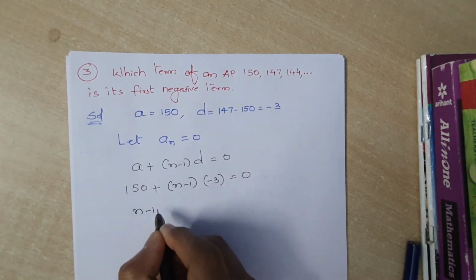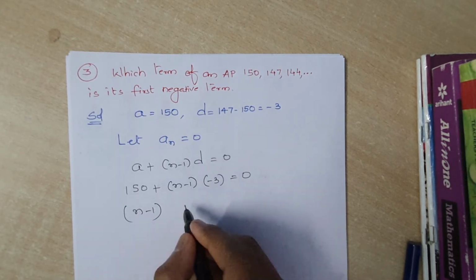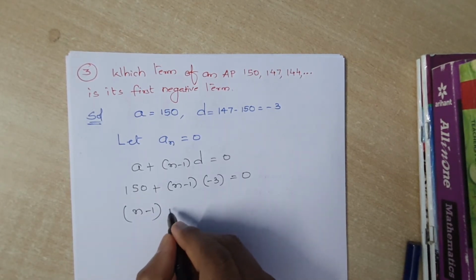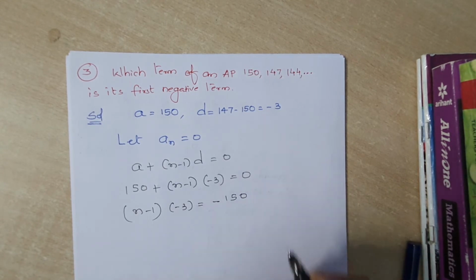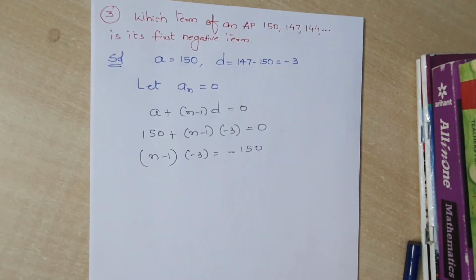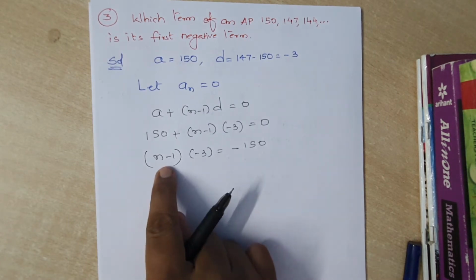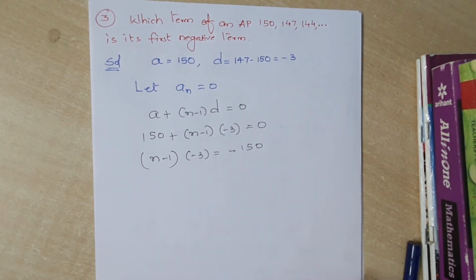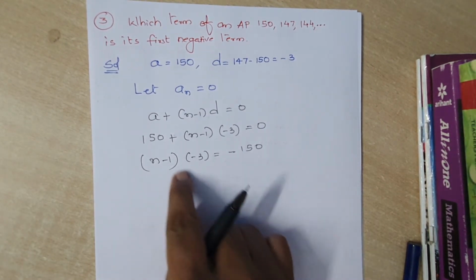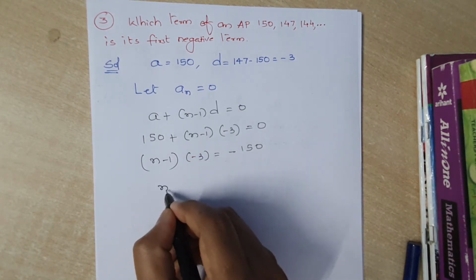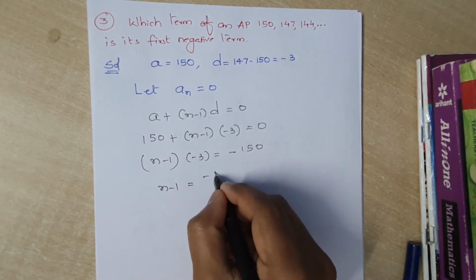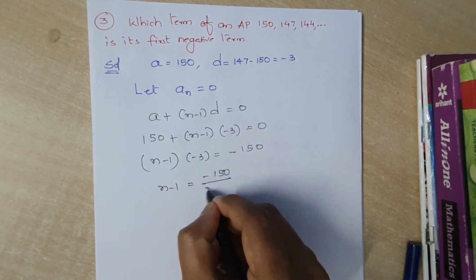So n minus 1 into -3. So when we transpose this, it will become division. So n minus 1 is equal to -150 by -3.